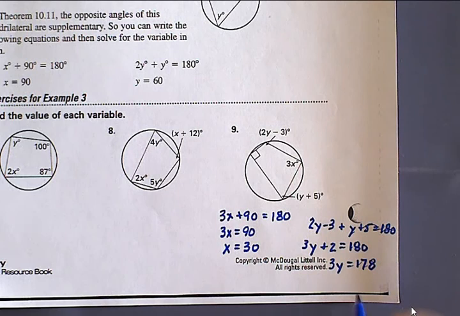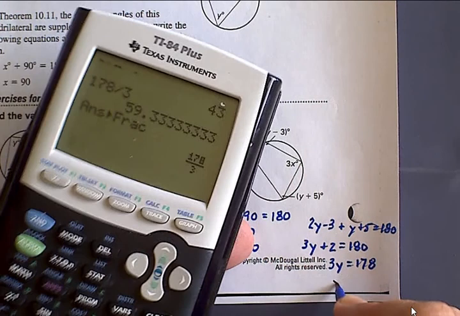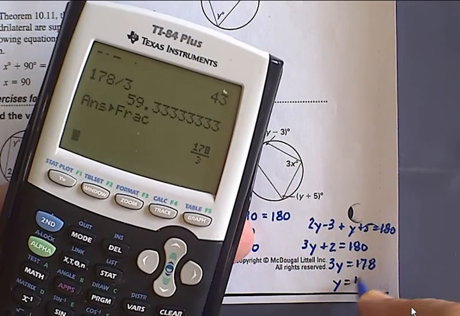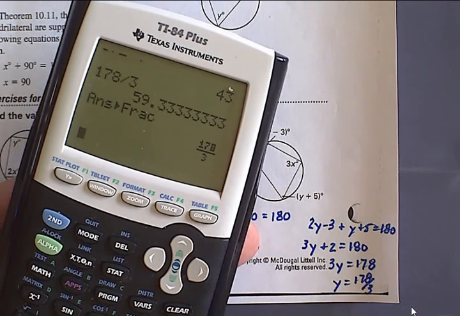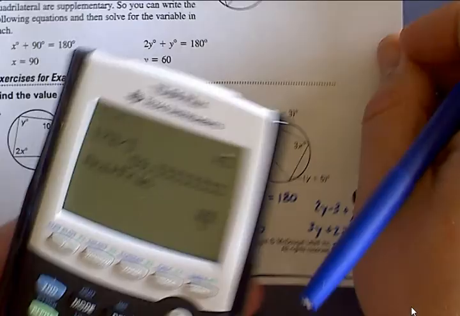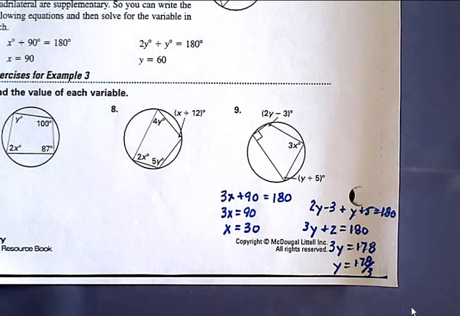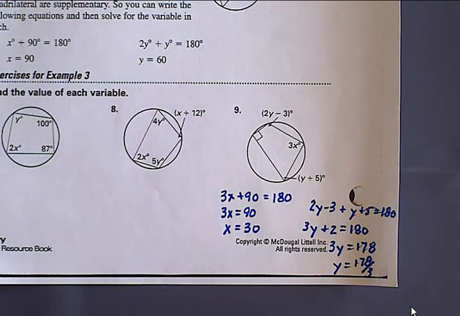So I guess 178 divided by 3 works. Hopefully they don't all work out to messy answers like that. But again, when you see a quadrilateral inside of a circle, set those opposite angles equal to 180 and then solve for x and y. The variables will be set up to work that way as well.